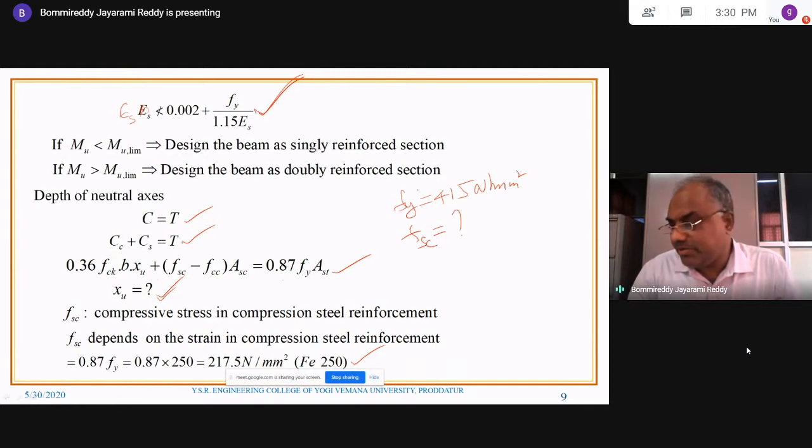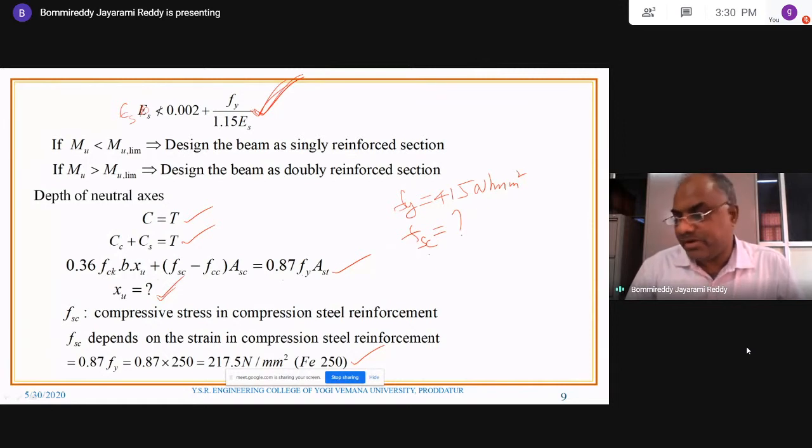So that's why wherever fy is there, we are using 415. Whereas in the case of fsc, you should know what is the strain in it, because this is the strain on the tension face, and corresponding to this strain, the stress is computed. The stress will be equal to 0.87 times fy.